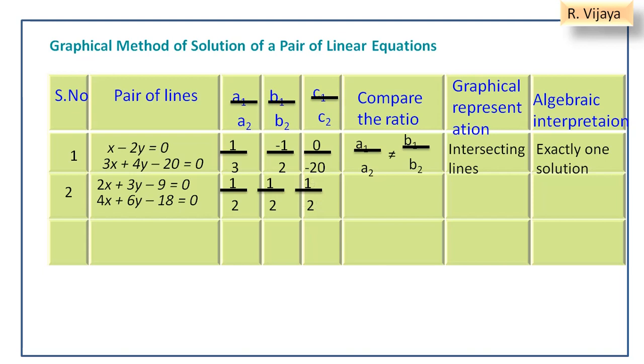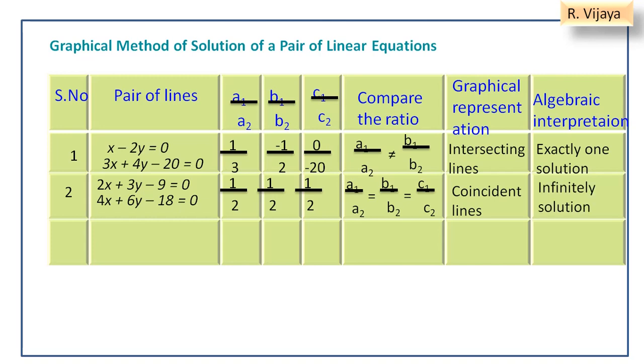Now the ratios are equal, that is a1 by a2 is equal to b1 by b2 is equal to c1 by c2. If we have the ratios like this, no need to draw the graph. We can predict the graph should be coincident lines. If we have the values like this, we may have infinitely many solutions.